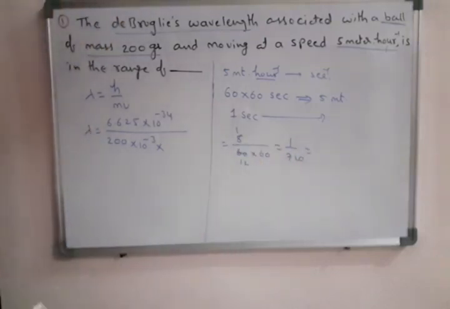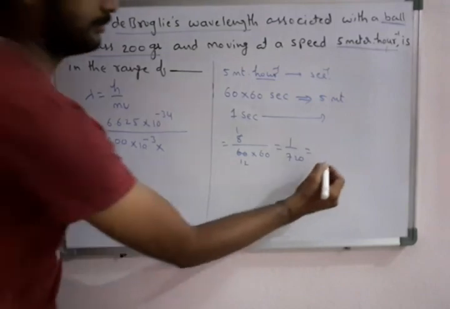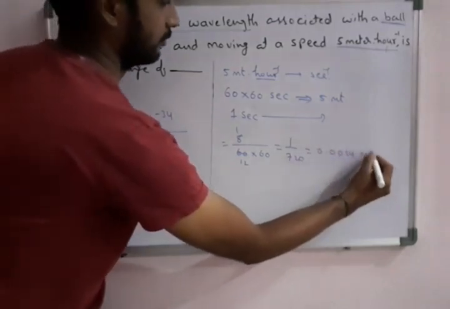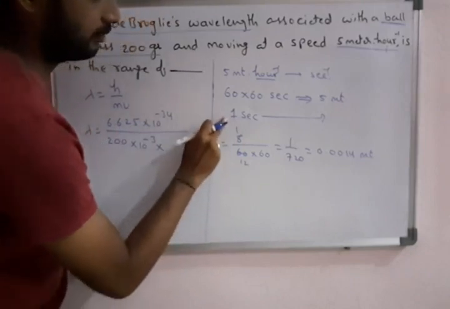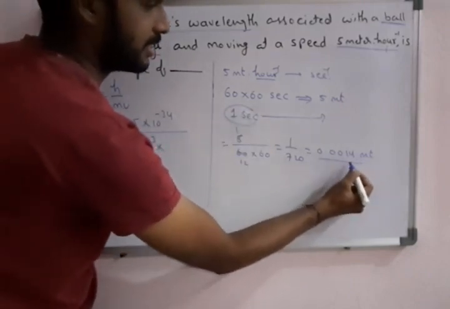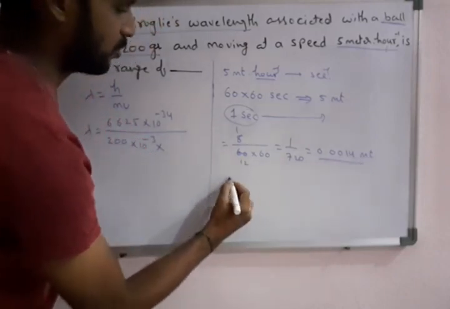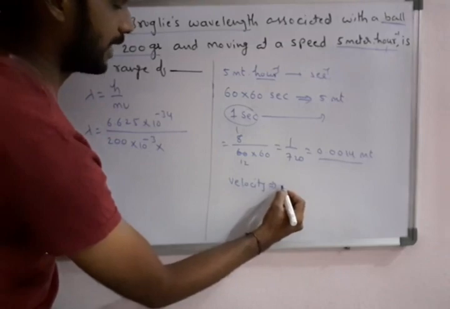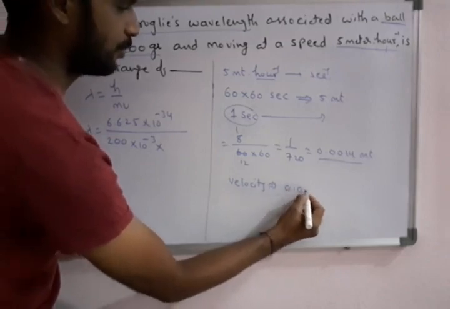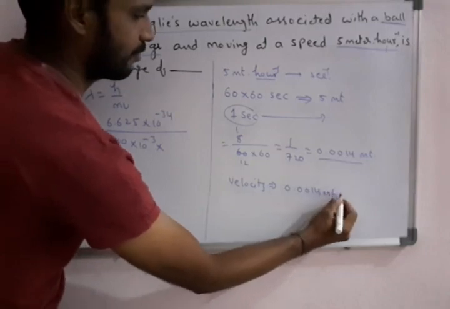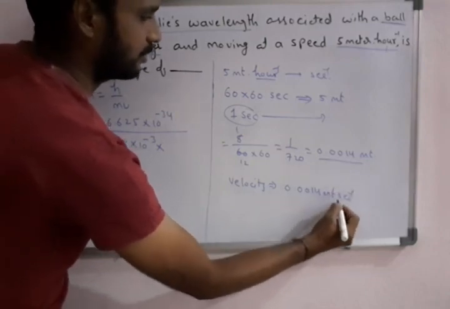Upon this calculation, approximately we get that in 1 second it travels 0.0014 meters. So the velocity we can write as 0.0014 meter per second.